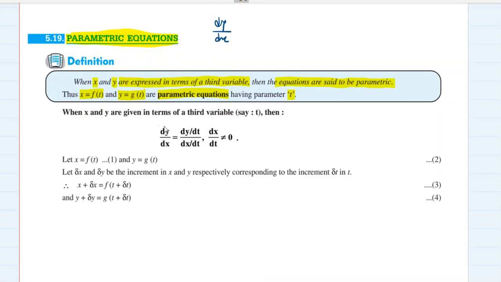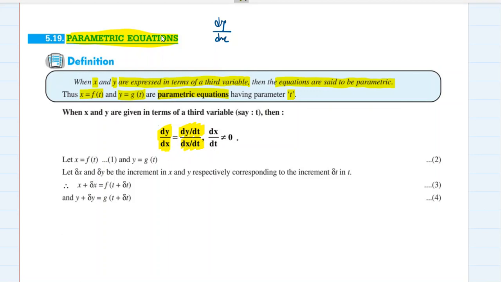Then you use this relationship that dy by dx is equal to dy by dt upon dx by dt. So you differentiate the function y with respect to t and then the function x with respect to t and then divide them. So dy by dt divided by dx by dt will give you dy by dx, given that dx by dt should not be equal to 0.